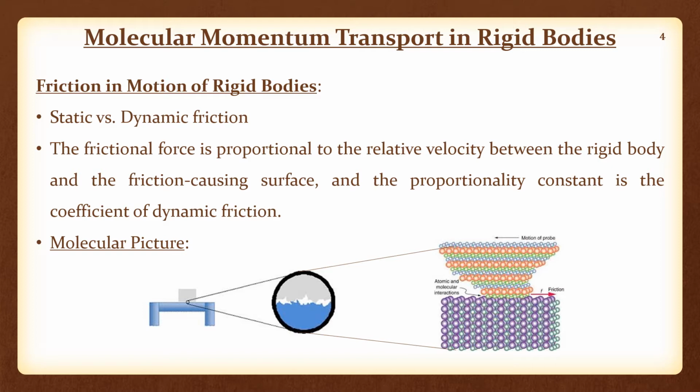That of course is not true, because there is friction, and the initial momentum that you impart to the car is lost to the surface, which is the road, and then the car comes to a stop unless I can continuously keep supplying momentum to the four tires, the four wheels, so to speak, which will keep the car running. So this is how we understand molecular momentum transport or friction in rigid bodies.